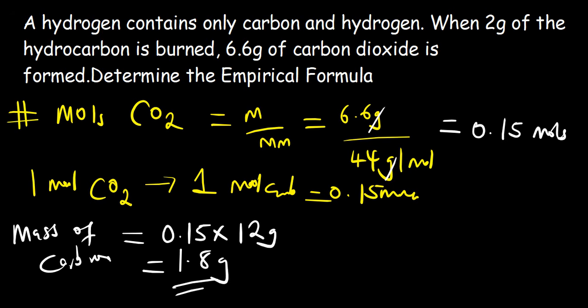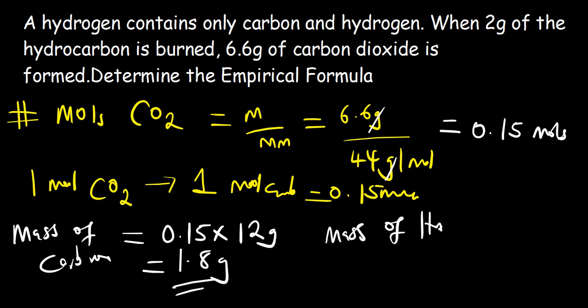Then we're also supposed to find the mass of hydrogen. So the mass of hydrogen, I'm just going to write H. For the mass of hydrogen, we have to go back to the mass of the hydrocarbon, which we've been given as 2 grams.